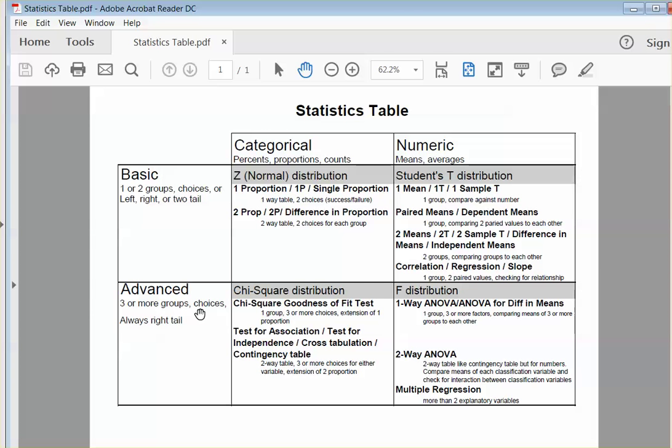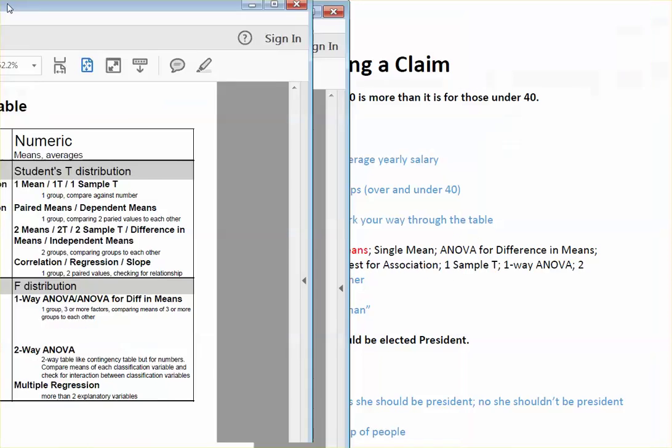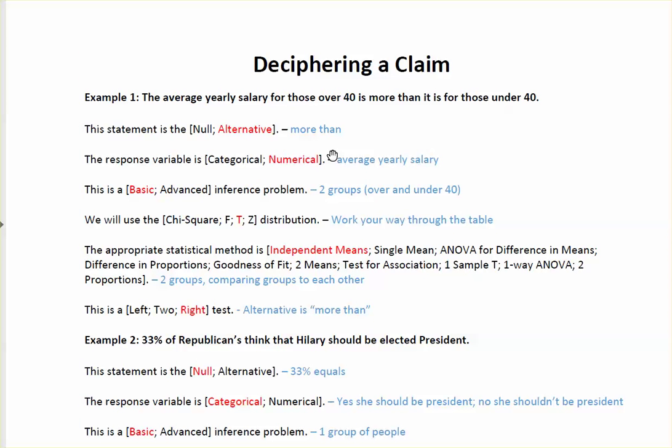Over here, we only have two groups, the over 40 and the under 40. Technically, it's kind of one group, but we're comparing those over and those under and their yearly salary. So it is basic.